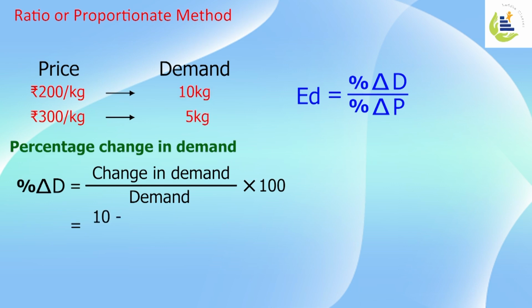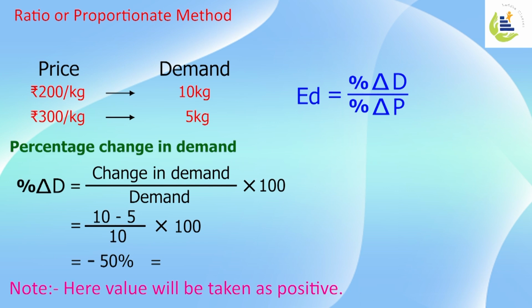So 10 minus 5 is the change in demand, over old demand, which is 10, into 100. It will become 50%. Here the value will be negative, but for the sake of simplicity, we take it positive. So it is 50% change in quantity demanded.